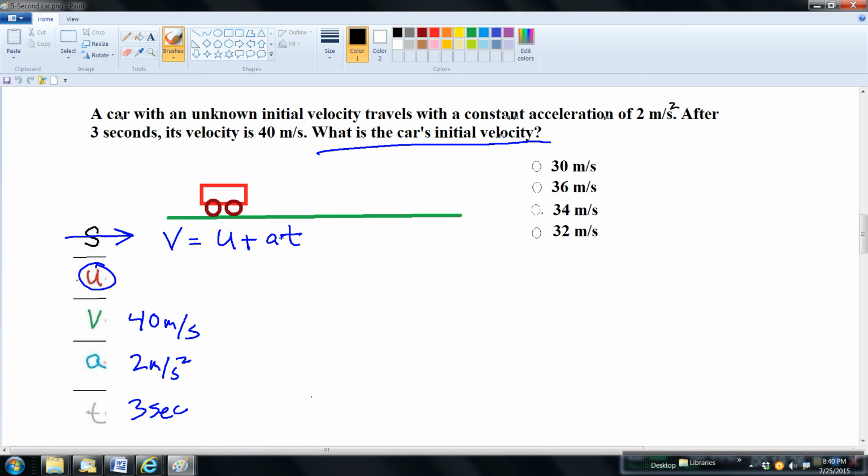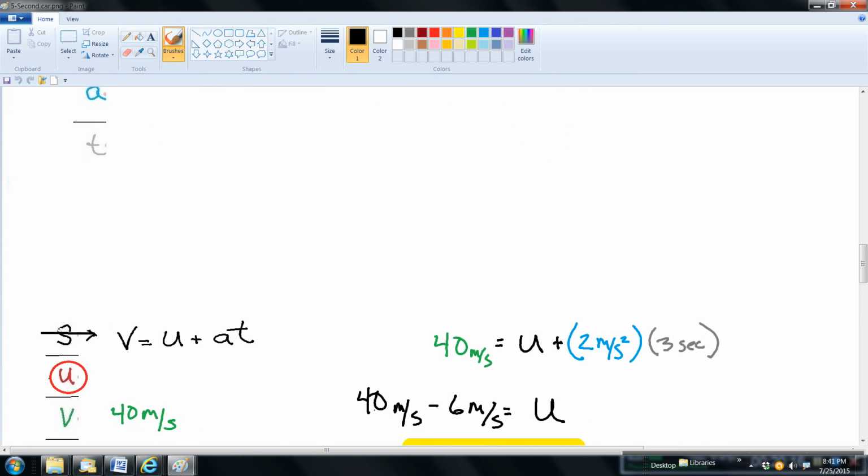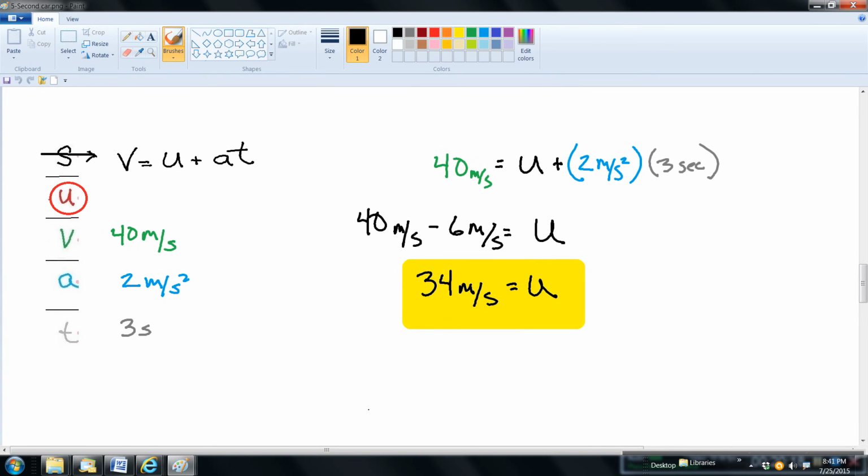So let's go down here and look at that, and we're going to solve for this. I just leave everything alone, fill the problem in and then shift things around. And when we do that, we're going to find 40 meters per second, and that's going to be minus, well, we got meters per second squared, again seconds.